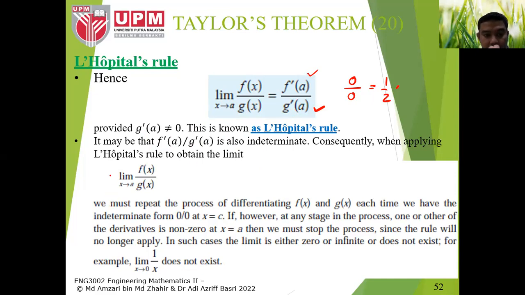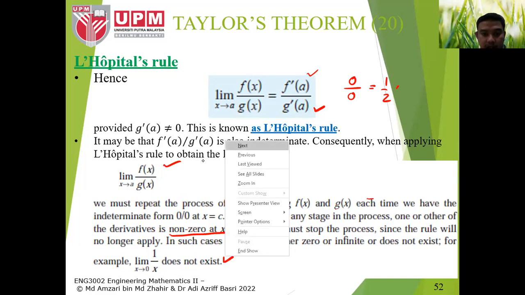Each time you put in the limit and get the indeterminate 0 divided by 0, you need to differentiate again until it's non-zero, so that the limit exists.